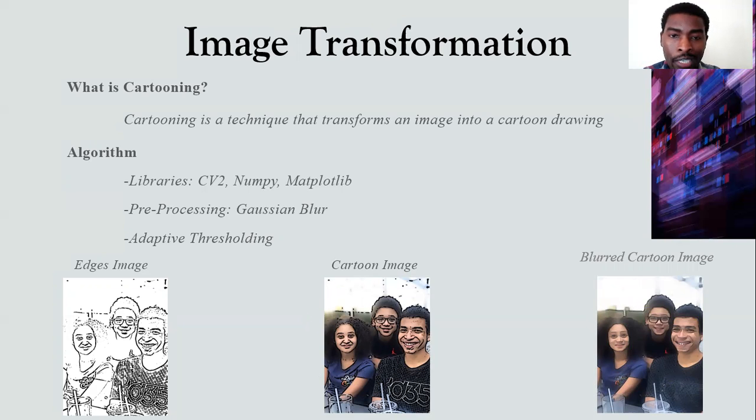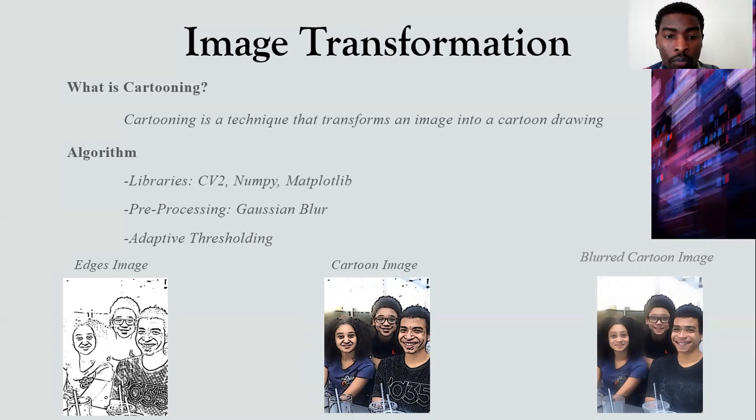And the Gaussian blur really is used to remove detail and to reduce noise. I also use adaptive thresholding, and adaptive thresholding is the value that's calculated for smaller regions, producing different threshold values for different regions. So basically, you could use a normal threshold, but that normal threshold is global.